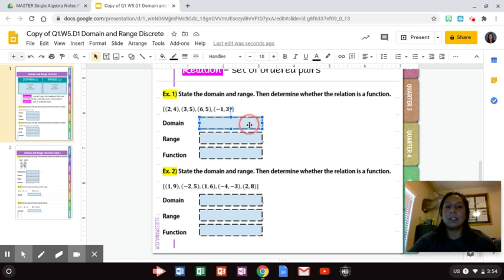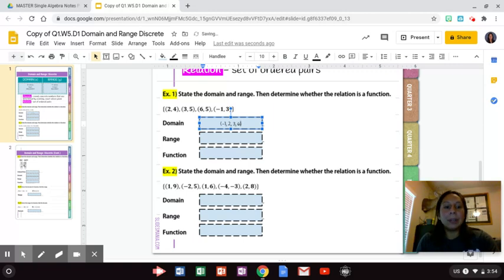So smallest to biggest. So what I'm going to do is I'm going to put brackets. And inside those brackets, I have to figure out what is the smallest X value I have. That would be -1. The next smallest value would be 2, 3, and then 6.